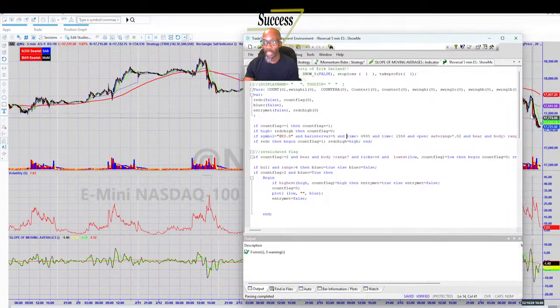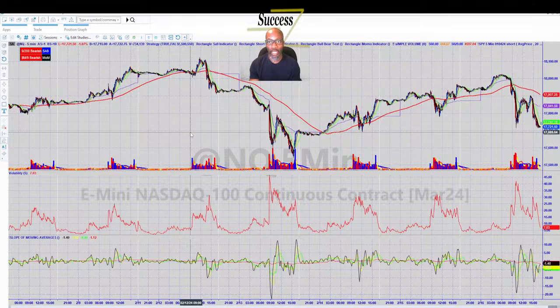You see that back there? It disappeared, right? But now if we set it so that it could be equal to NQ, now it shows up, right? But this is not set up for NQ. This is set up for at ES.D. Okay, so at ES.D it is.